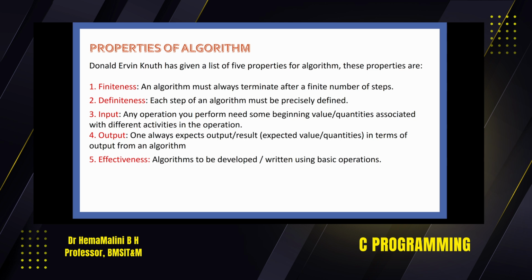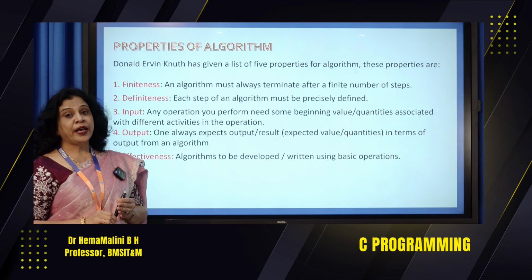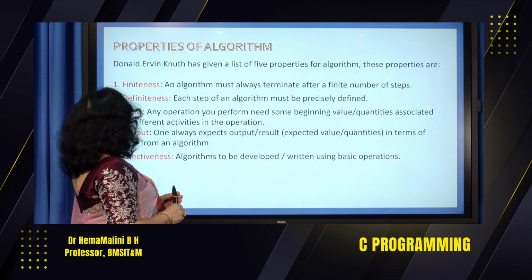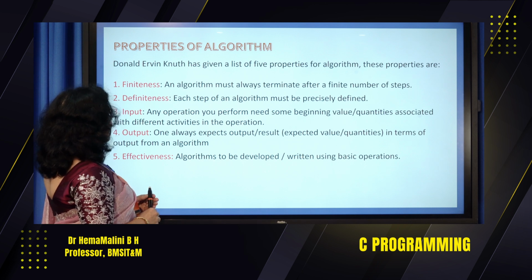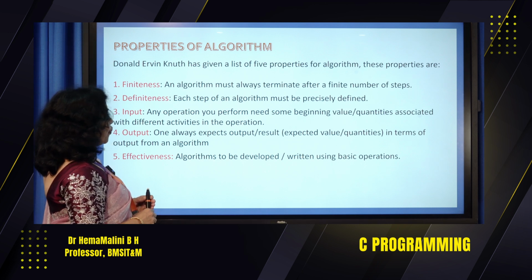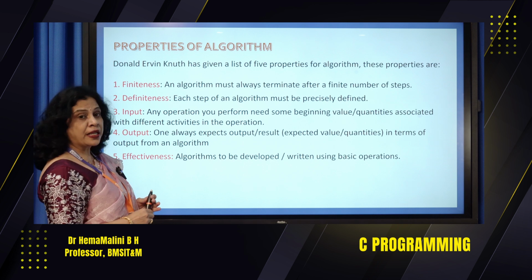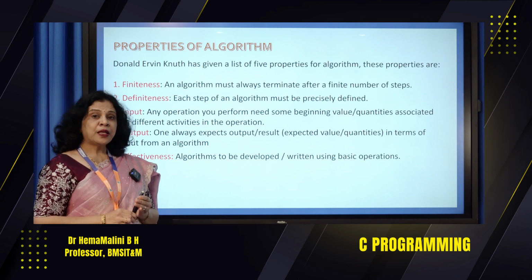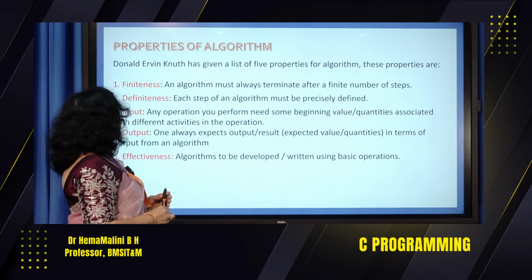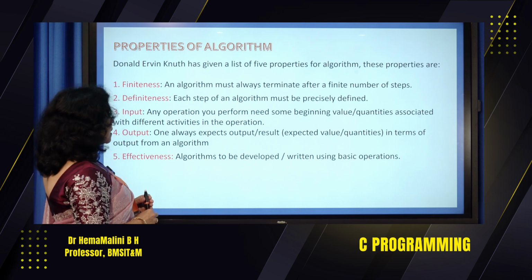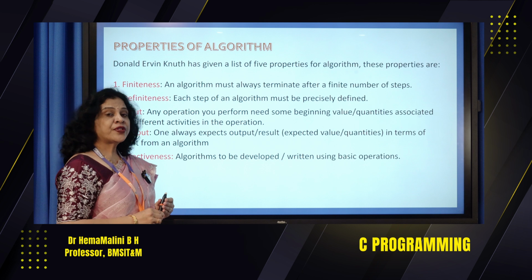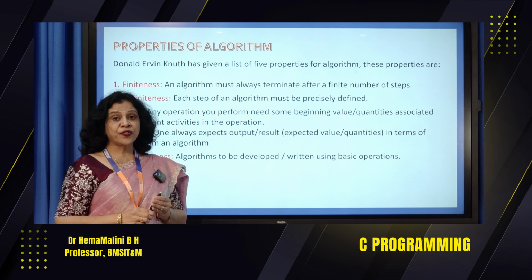Now, what are the properties of an algorithm? Donald Ervin Knuth has given a list of 5 properties for an algorithm. So, let us see the properties one by one. Finiteness. An algorithm must always terminate after a finite number of steps.